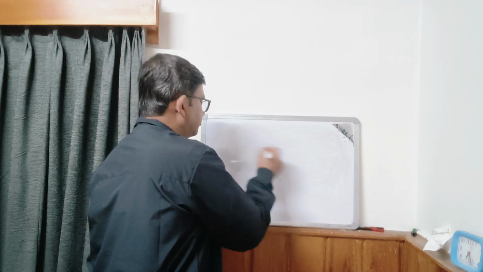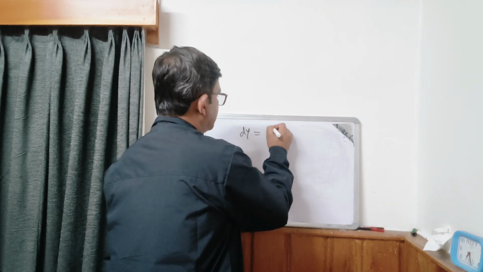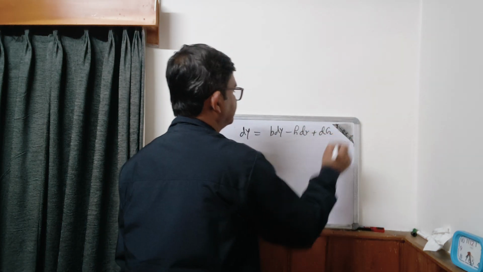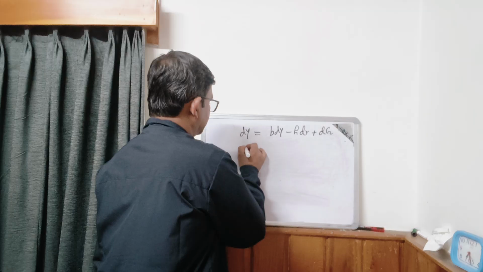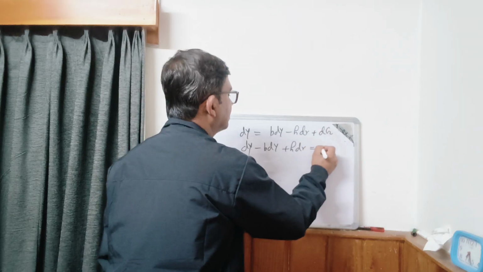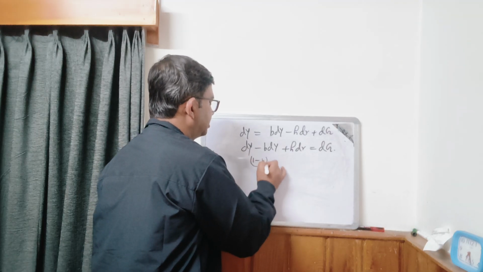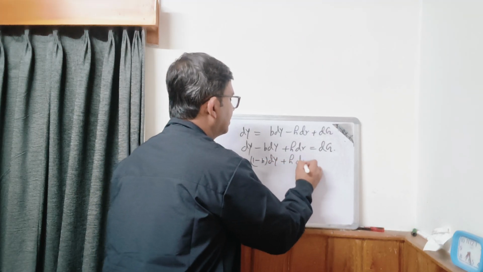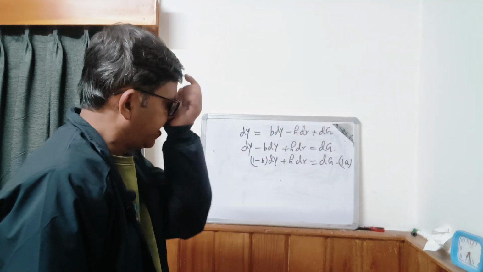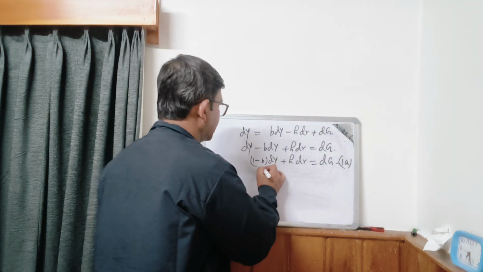So if we differentiate the IS equation, what will we get? dY equals b dY minus h dR plus dG. So we can write, in other words, (1 minus b) dY plus h dR equals dG, equation 1a. And if we differentiate the money market equilibrium condition, what will we get?